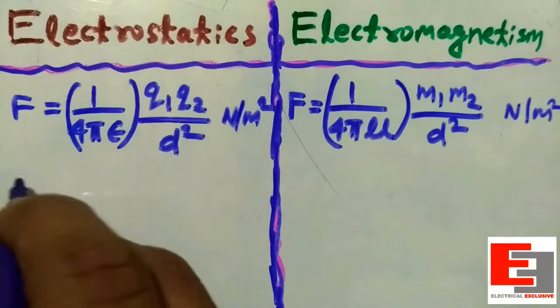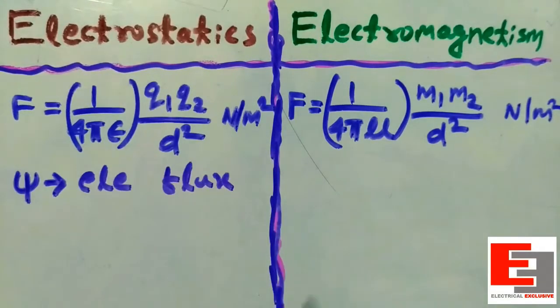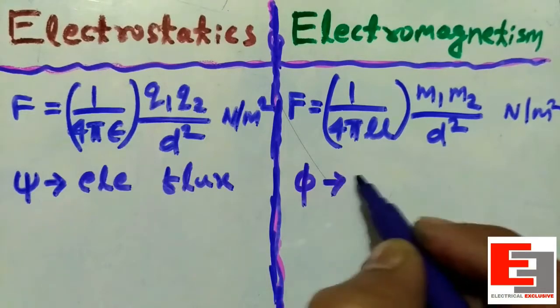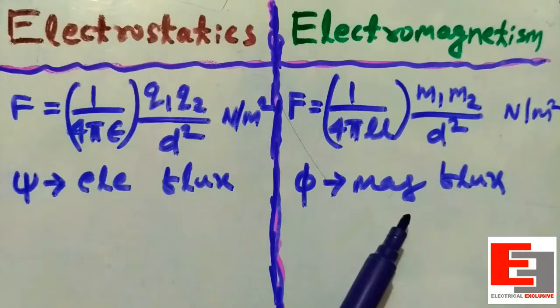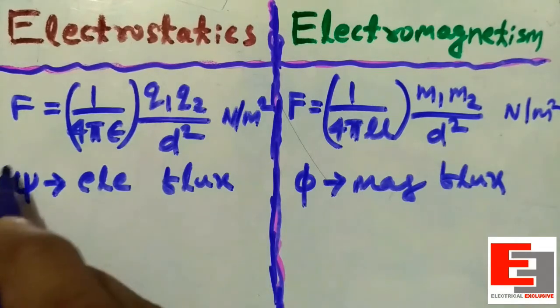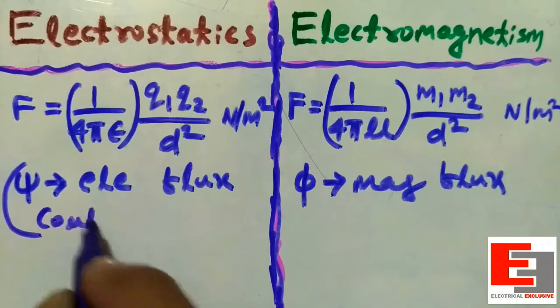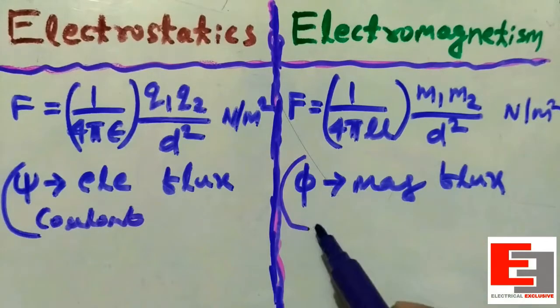The electric flux is denoted as psi, whereas the magnetic flux is denoted as phi. The electric flux can't pass through any material, whereas the magnetic flux can easily pass through magnetic materials such as magnetic metals. The electric flux is measured in coulomb, whereas the magnetic flux is measured in Weber.